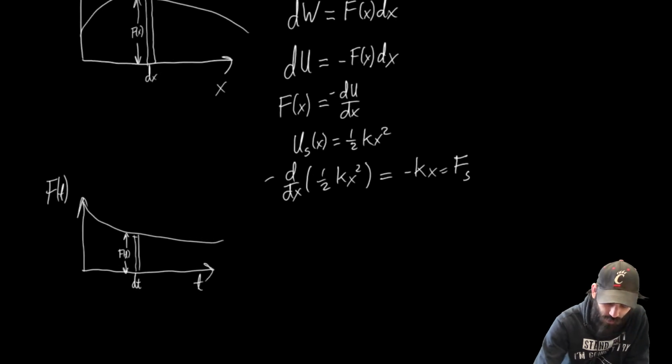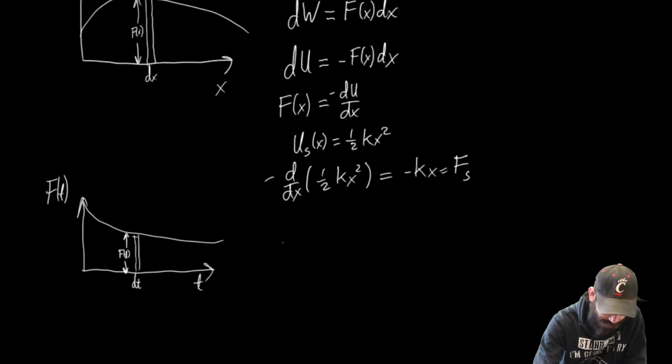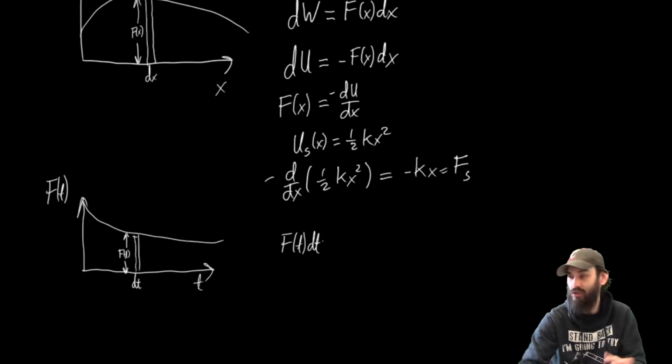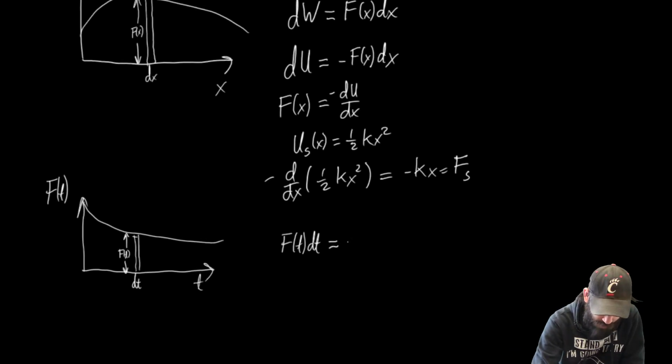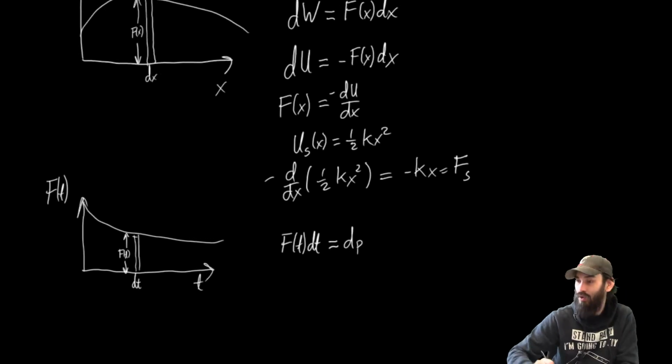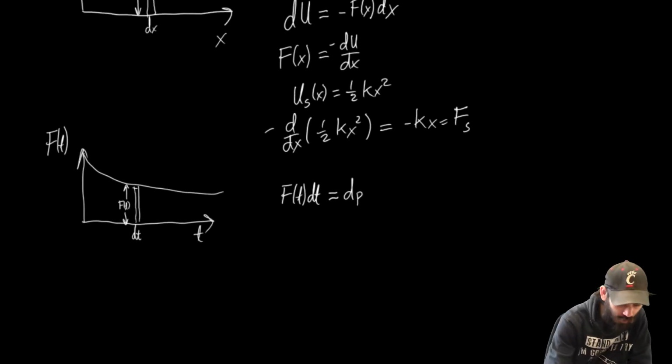We can talk about the tiny little piece of this as the product of f of t and dt, so we're forming some tiny little area. And the tiny little area that we have here is ultimately going to be called the impulse. Some product of the force as a function of time and some tiny little segment of time, and we can integrate this over a range of time.